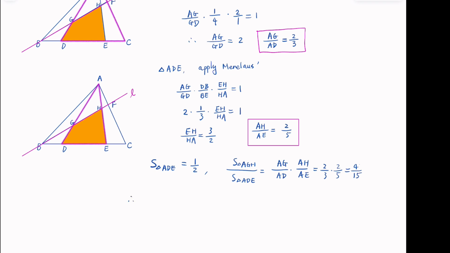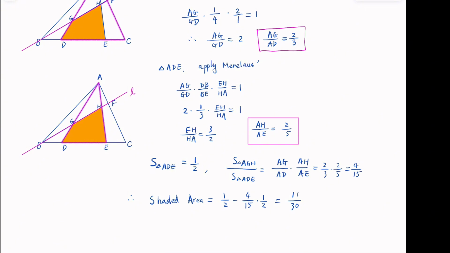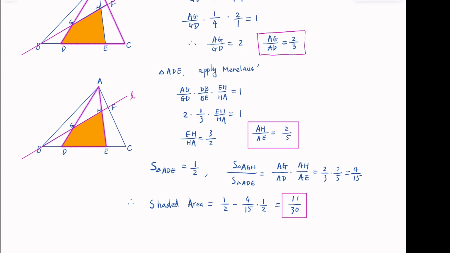So the shaded area is equal to 1/2 minus 4/15 times 1/2, right? That's going to be 11/30. Alright, so that's the answer. 11/30 is the shaded area.